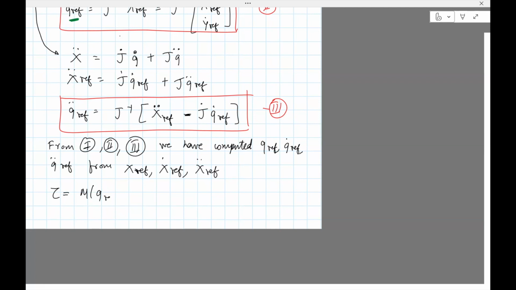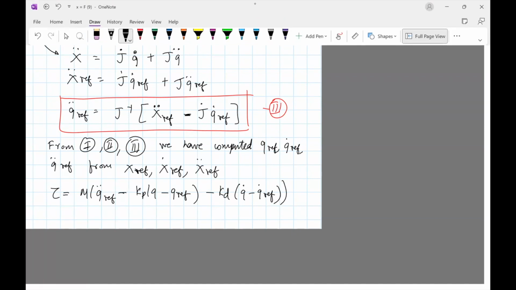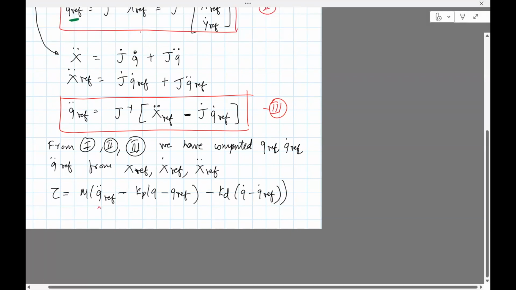So what happens here is we know this now because it comes from equation 3.